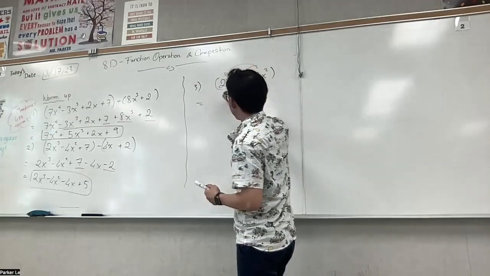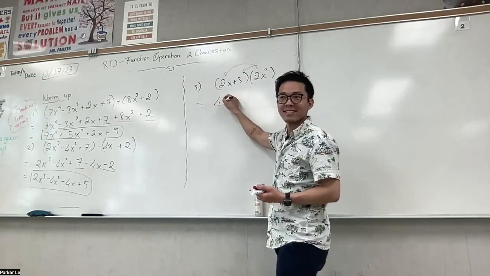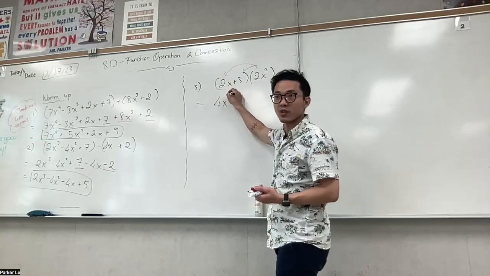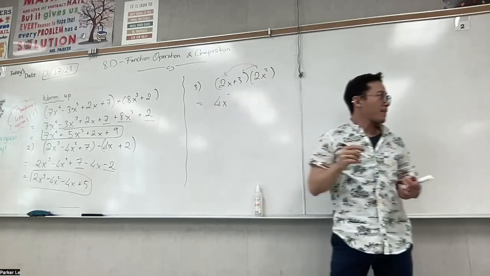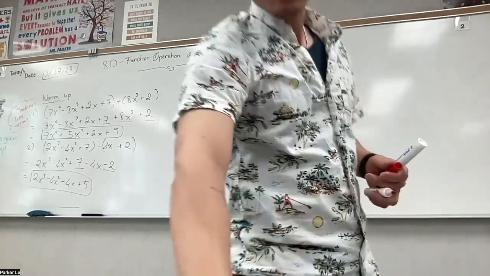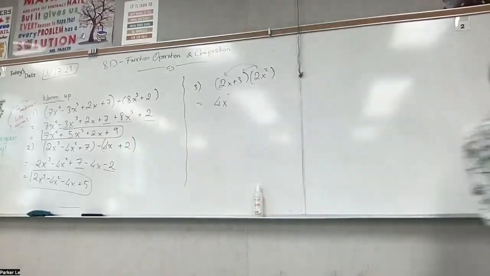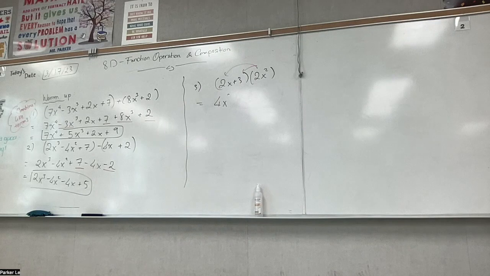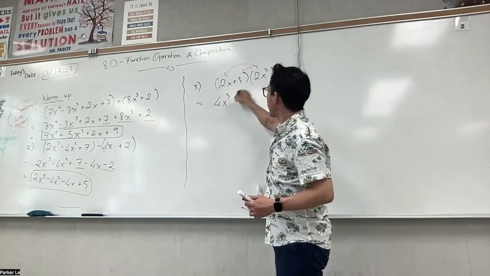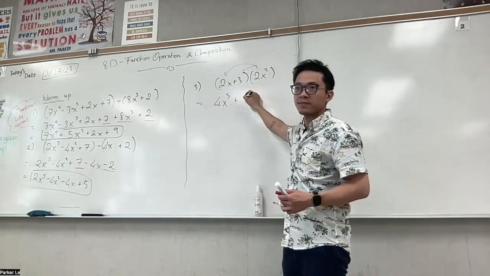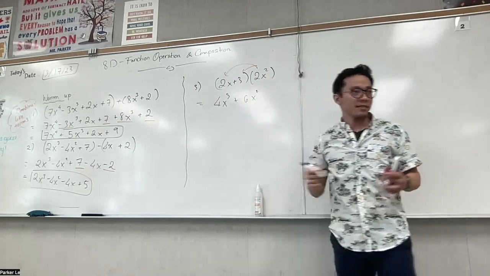So 4x times 2x squared is 4x cubed, right? And then what next? What is 3 times 2x squared? 6x squared. Do you remember this? Yeah.